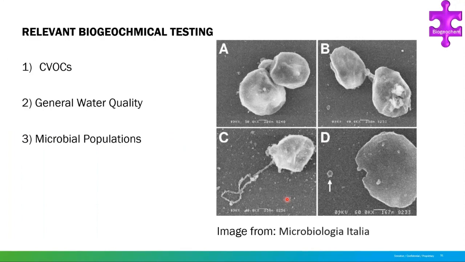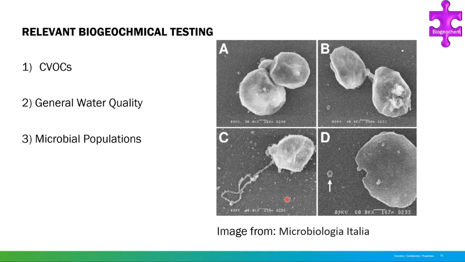So then we can also get more relevant biogeochemical information. Now we've installed our monitoring well network. We're able to sample those with, let's say, a low flow sampling technique, and get short-term and long-term CVOC concentrations, for this case where the site contaminants were chlorinated VOCs. We also want to collect general water quality parameters.